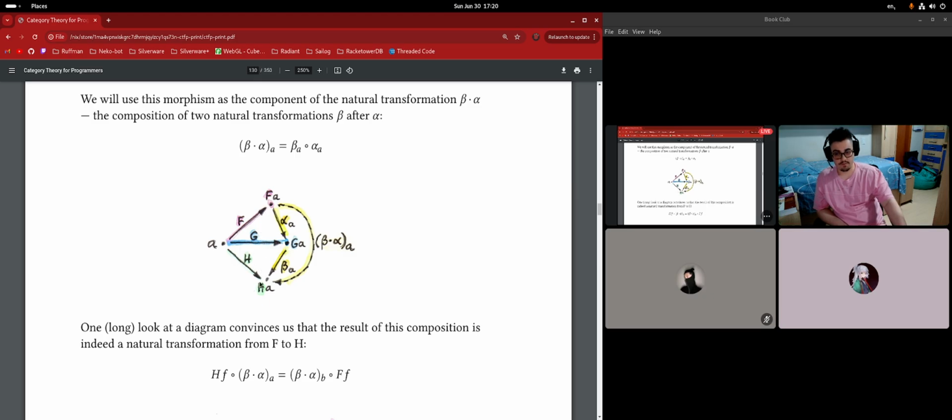Yes, this is doing vertical. Then I think I was wrong, you're right. We are both dealing with natural transformations in both of them. So if you compose F, G, to an H to go F to H, this is called vertical.